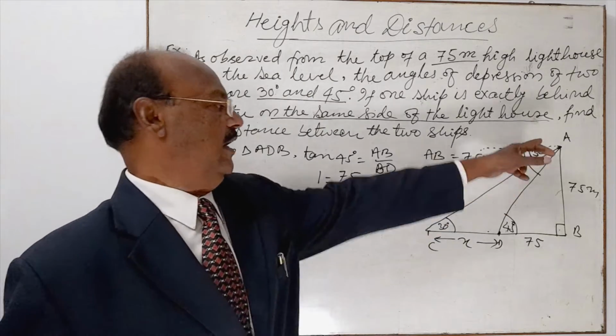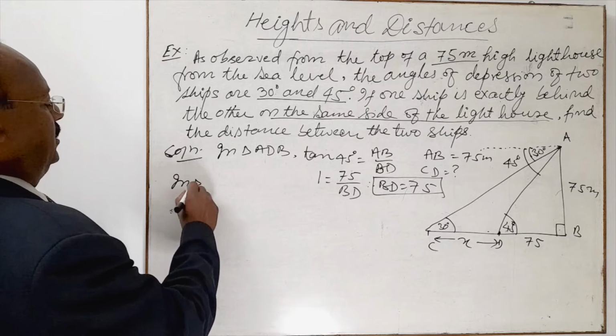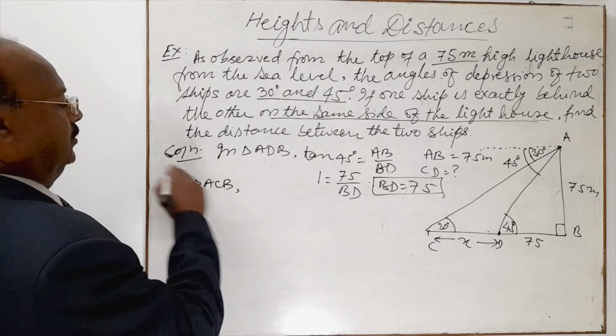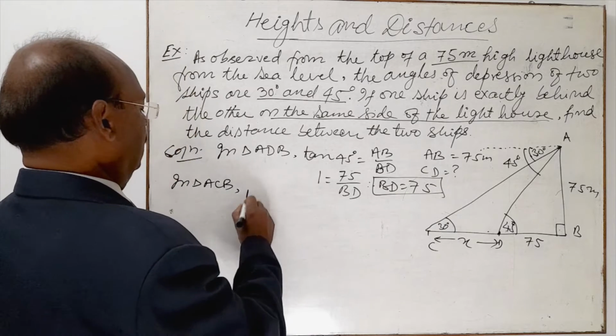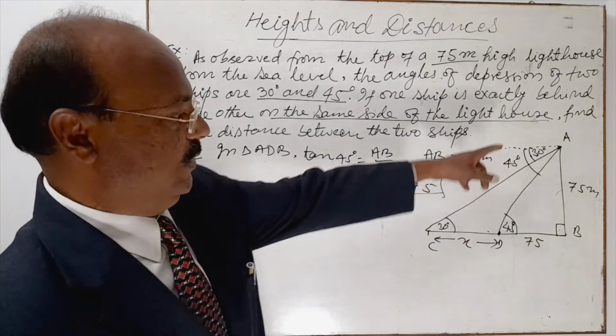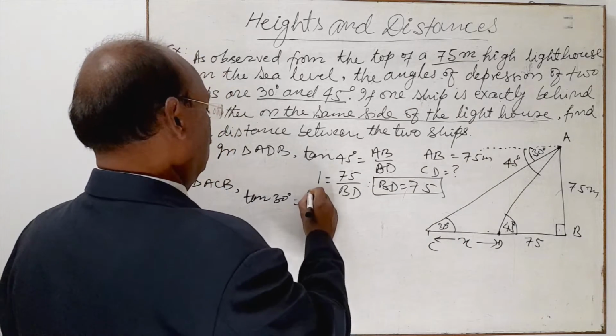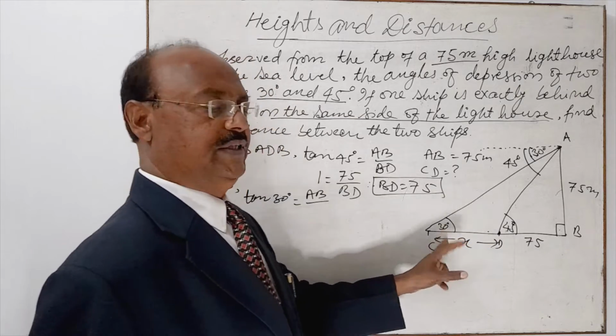Now we will take triangle ACB. So now in triangle ACB, let us take tan of 30 degree. Tan of 30 degree is perpendicular is AB and base is BC.